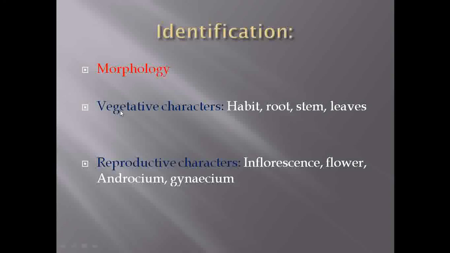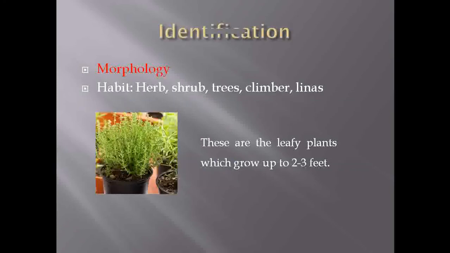Under the vegetative characters, the plant shows its habit, type of root system, stem and leaves. Under the reproductive characters, there are the different types of inflorescence, type of flower, androecium, gynoecium, and the type of fruit. So let's see first about the vegetative characters.